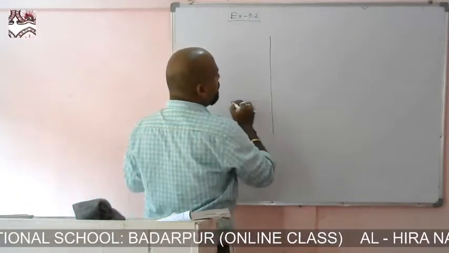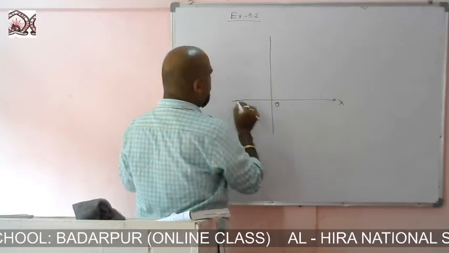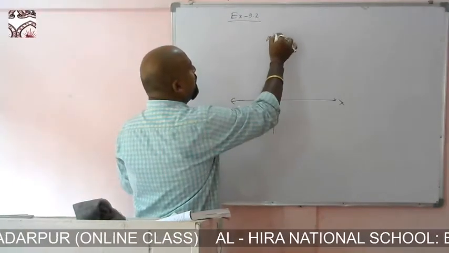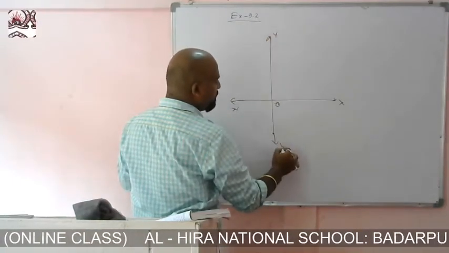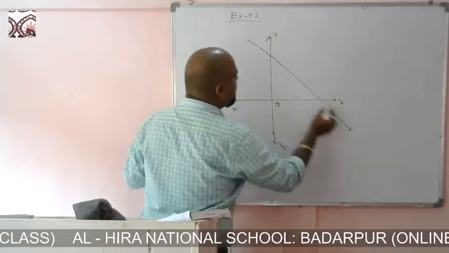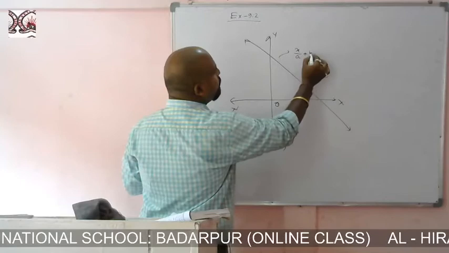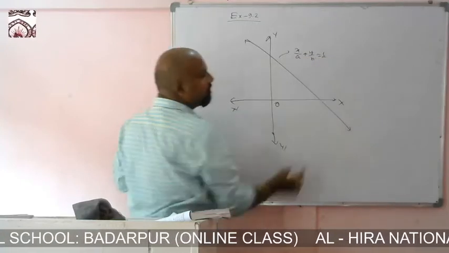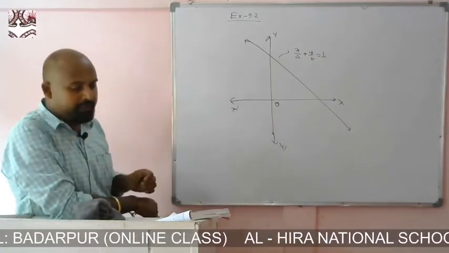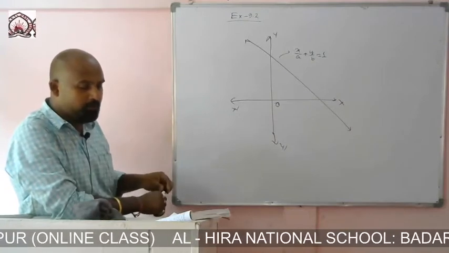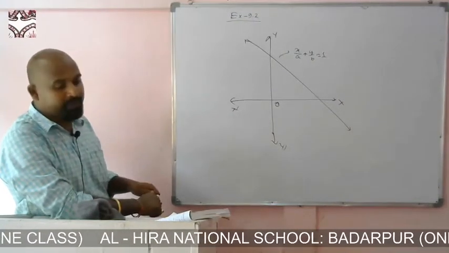Now this is X'OX, this is YOY'. Okay, this is the line. The equation of this line is given by x by a plus y by b equal to 1. Now they have given us two points. One is (8, -9).